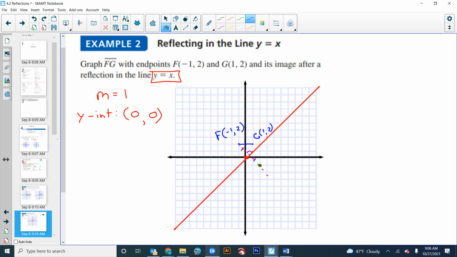I hear 2, 1. Let's see if it looks right. Oh, maybe it does. -1, -2. Is it supposed to look like that? Think about it. Would this look like that if it gets reflected over that line? Can you see it? Yeah, you're just switching x and y.